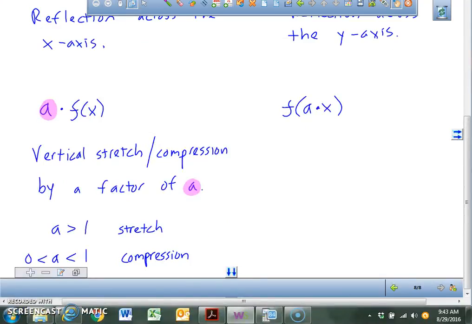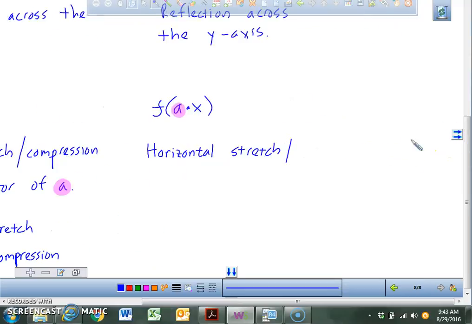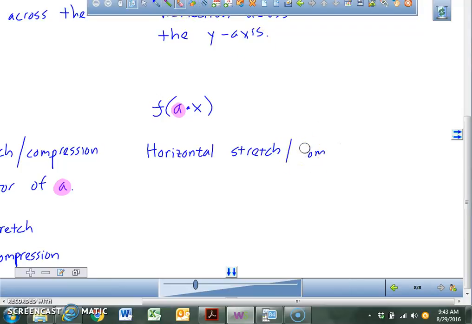The next one we're going to be talking about is what if the a value is on the inside of the parentheses. Now we're not dealing with a vertical stretch or compression, we're dealing with a horizontal stretch, or it could be a compression.